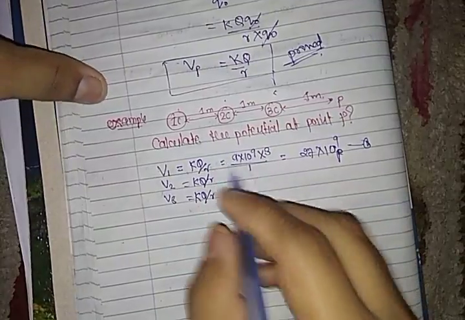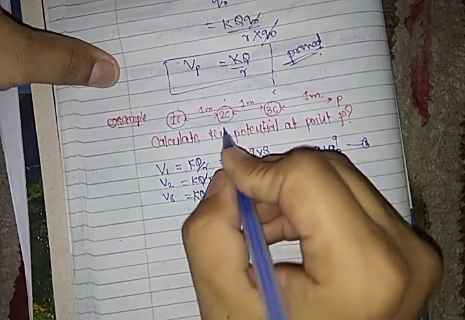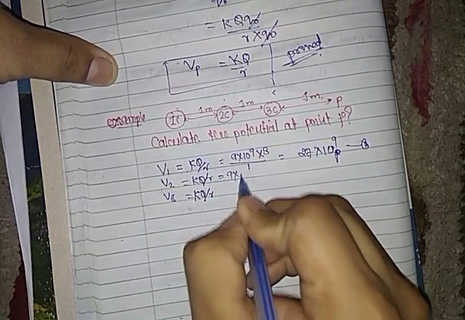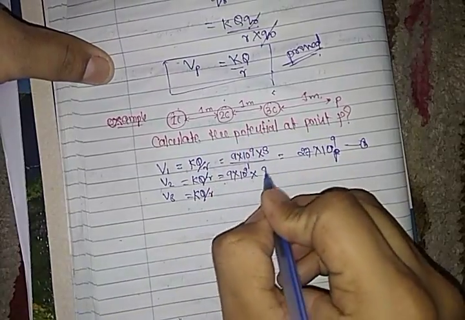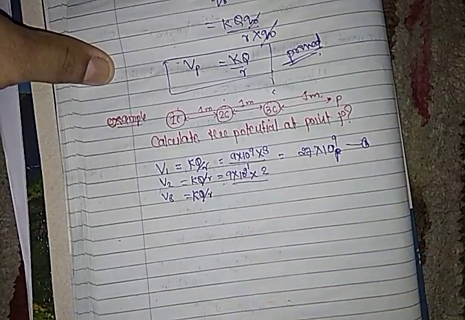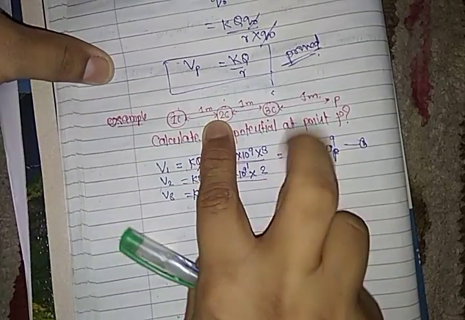Now the second one. k is 9 into 10 to the power 9 and the second charge is 2 coulomb. What is the distance between the second charge and point P?